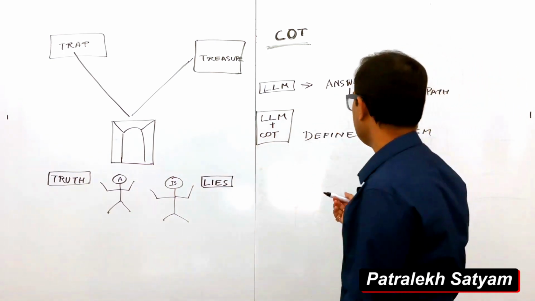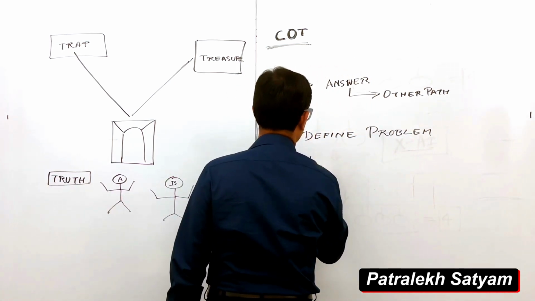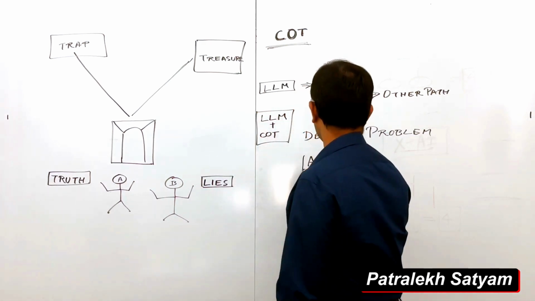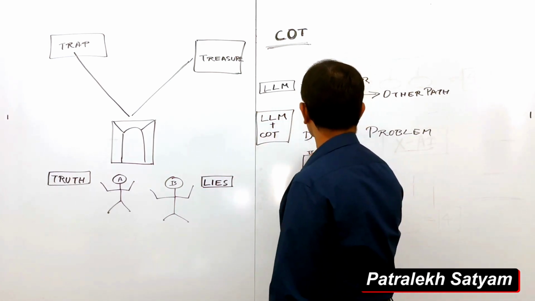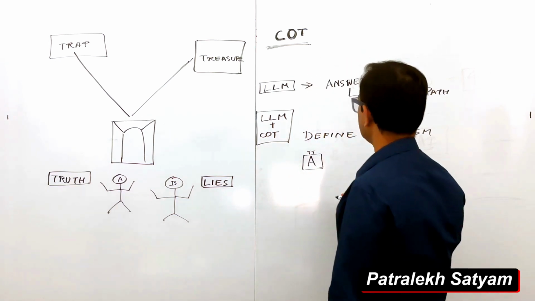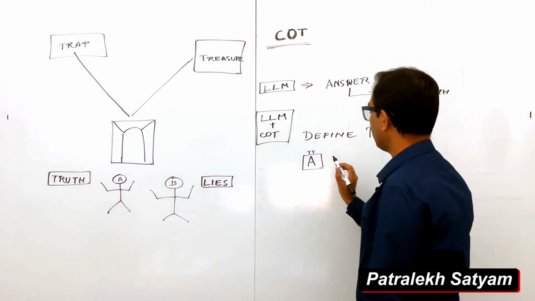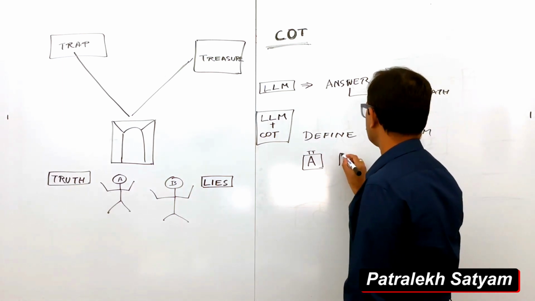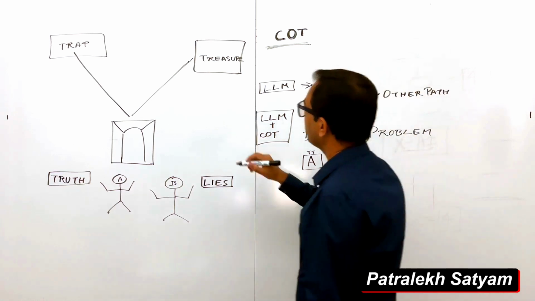So now LLM says, go to the first one. If you go to the first one, A, and suppose this is the truth teller, and you ask the question, what would B tell me? This guy is always saying the truth, and B is always saying the lie. Now, what will B say?